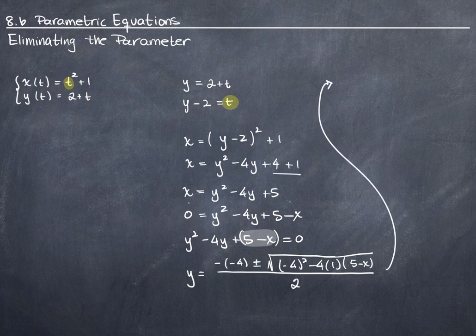Let's take this up here. That means that y is equal to positive 4 plus or minus the square root of 16 minus 4 times 5 minus x, all over 2. Now, I would argue here that at this point I have eliminated the parameter.